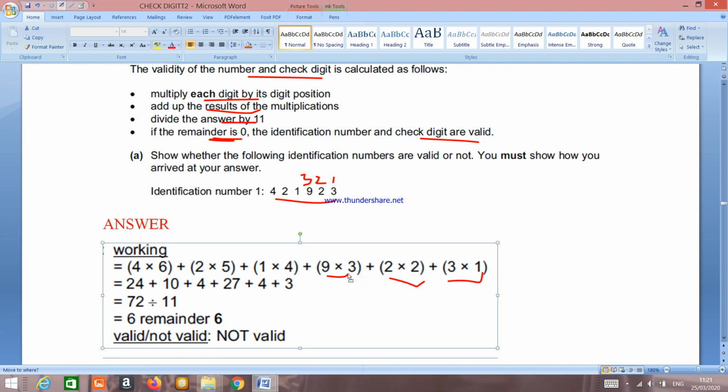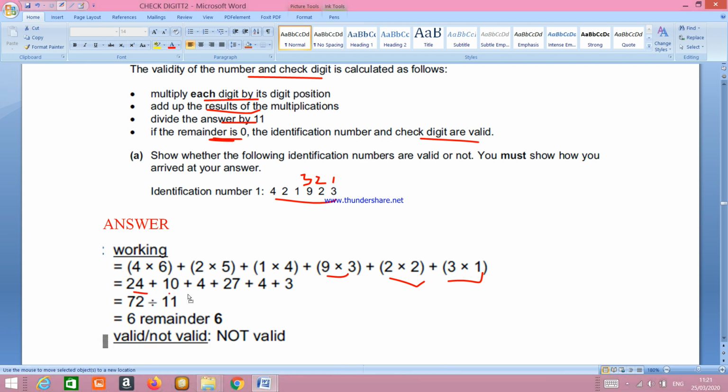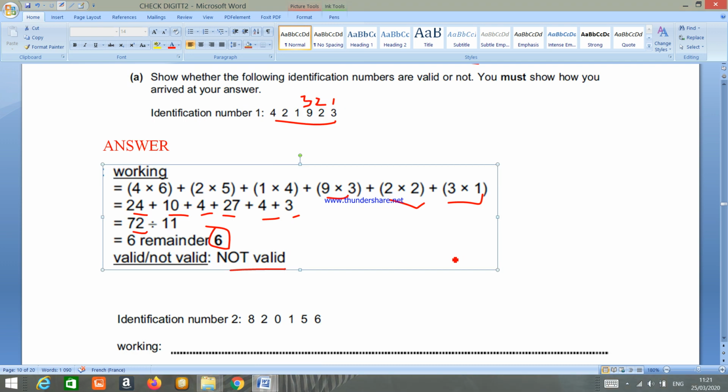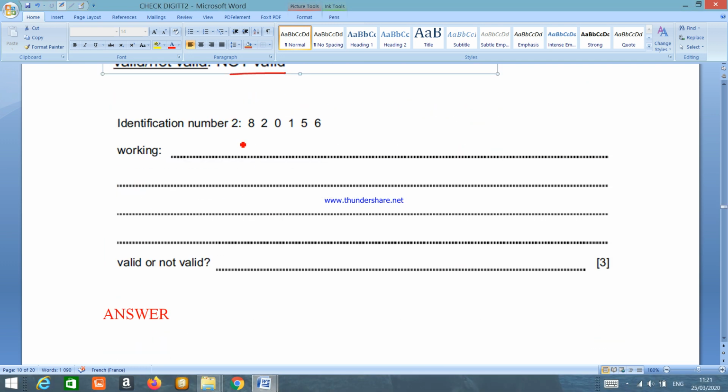Then 9 times 3. And 1 times 4. And 2 times 5. And 4 times 6. When you finish multiply, you add the products, the results. You add them one by one. And when you finish adding, you get 72. You divide the 72 by 11. In this case, the remainder is 6. It means the number is not valid. It is invalid.